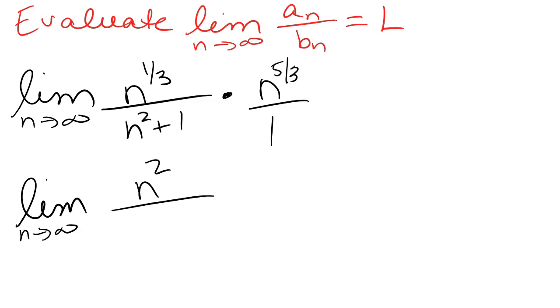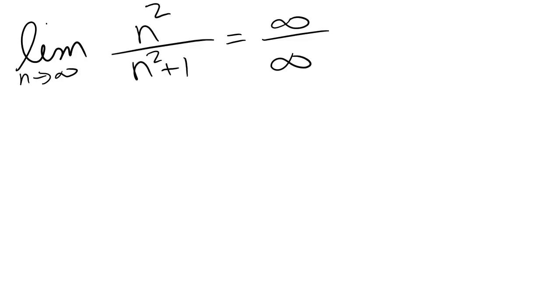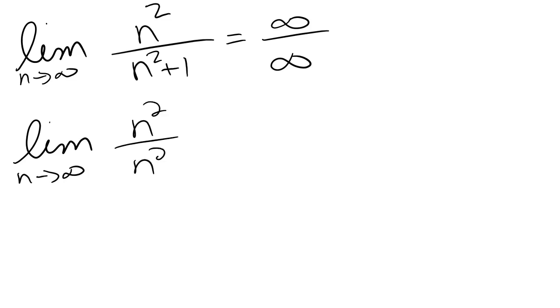This is going to be divided by n squared plus 1 times 1, which is this n squared plus 1. Let's apply the limit. So infinity squared is infinity, and infinity squared plus 1 in the denominator is also infinity, and we have the indeterminate form. I'm going to simplify this by taking the limit as n approaches infinity on the leading terms, n squared divided by n squared, so that I will be taking the limit of 1 as n approaches infinity.